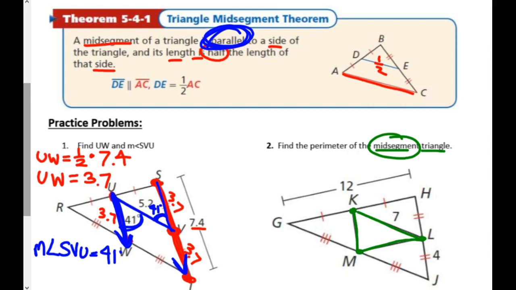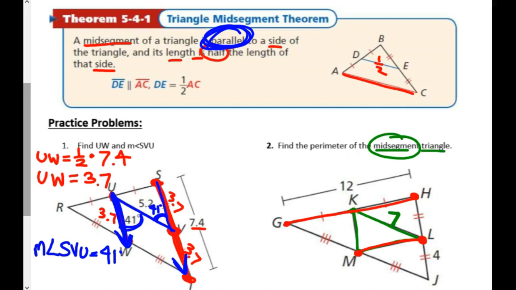All right, so I need to find that perimeter. So, do I know any of the sides of KLM? So one of these numbers is already here. This is 7, right? I just got to figure out the other 2. Cool. So I'm going to do ML. I'm going to do this one in red. How do I find ML if the parallel segment is 12?